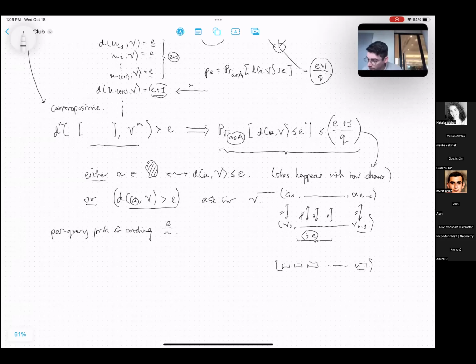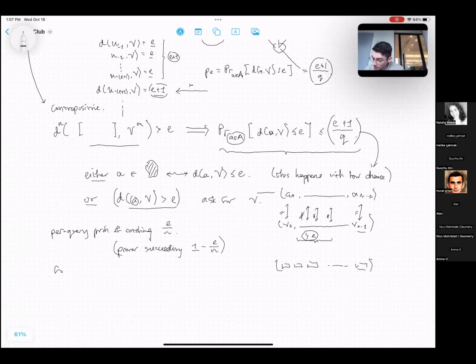Per query probability of the prover succeeding despite the cheating is 1 minus E over N. So this is the soundness error, the probability that the verifier accepts despite a dishonest prover.